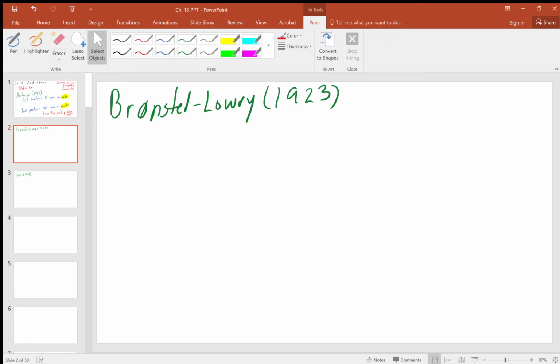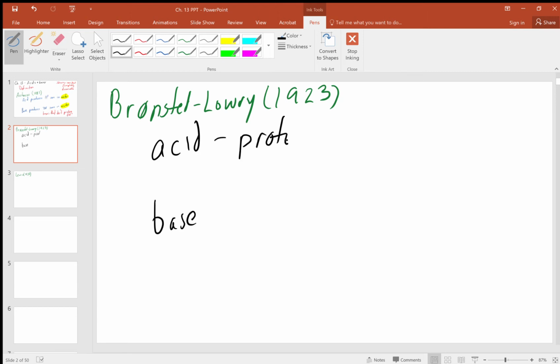So going ahead a few years, Bronsted and Lowry came along, and they gave a different definition for an acid and a base. They said that an acid is a proton donor. A proton being the term that we use to refer to a hydrogen cation.